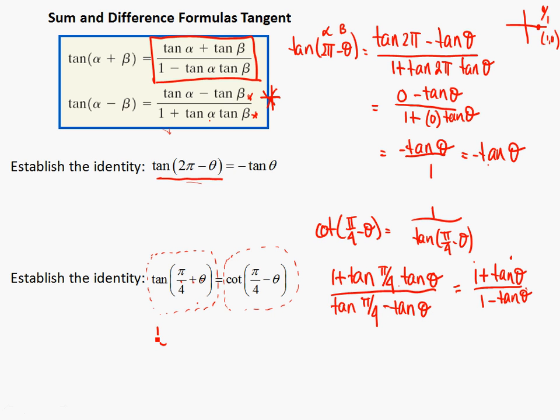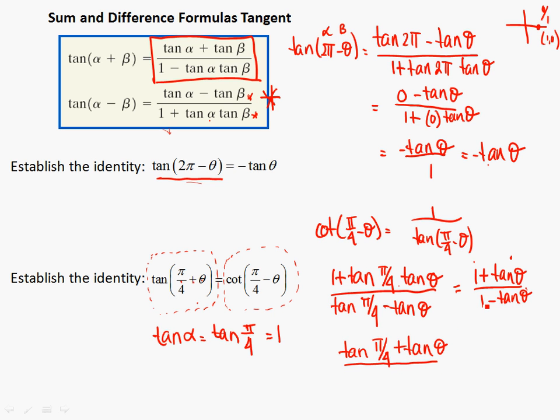Keeping in mind that what? The tangent of alpha, alpha is pi over 4. And how much is the tangent of pi over 4? It is 1. So this one can be replaced with the tangent of pi over 4 plus the tangent of theta.